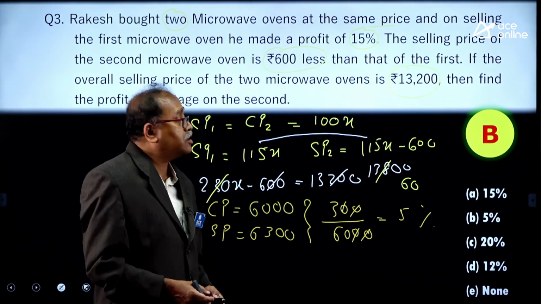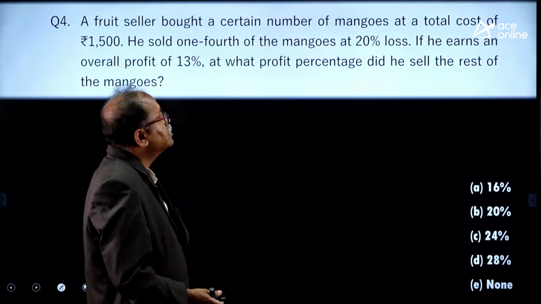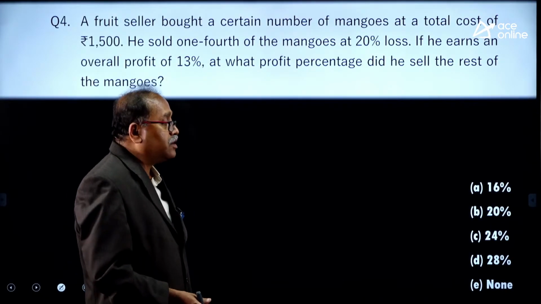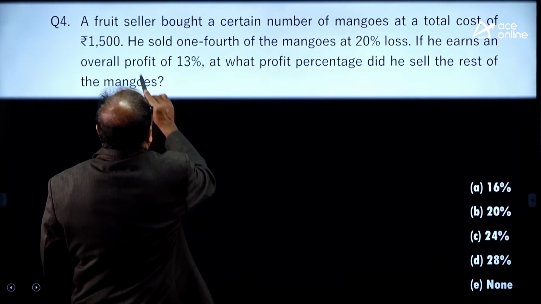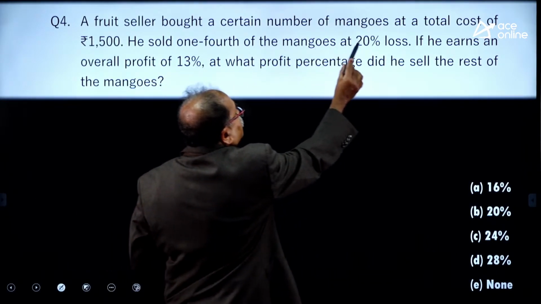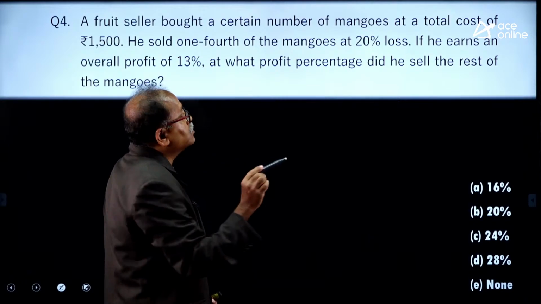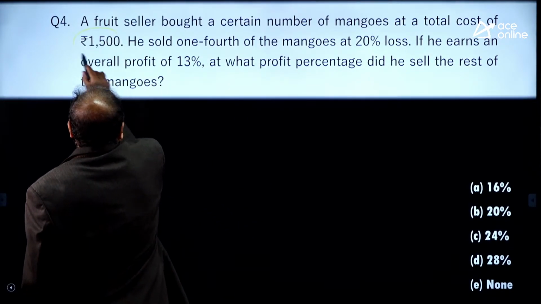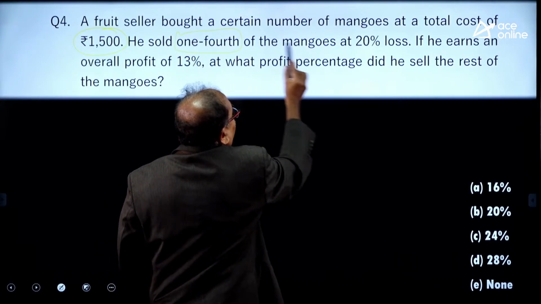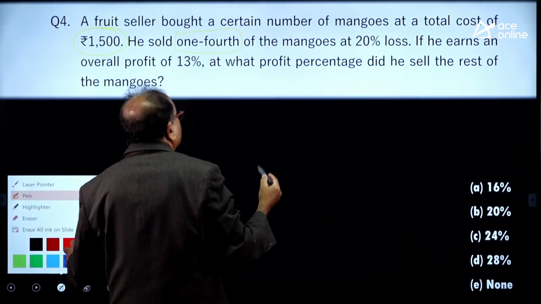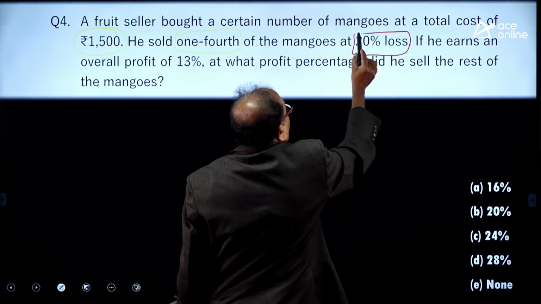The next question on the board is this. We will read the question and see how many of you are comfortable over here. Here is the question. A fruit seller bought certain number of mangoes, the total cost is 1500, and sold 1/4 of the mango at 20% loss.